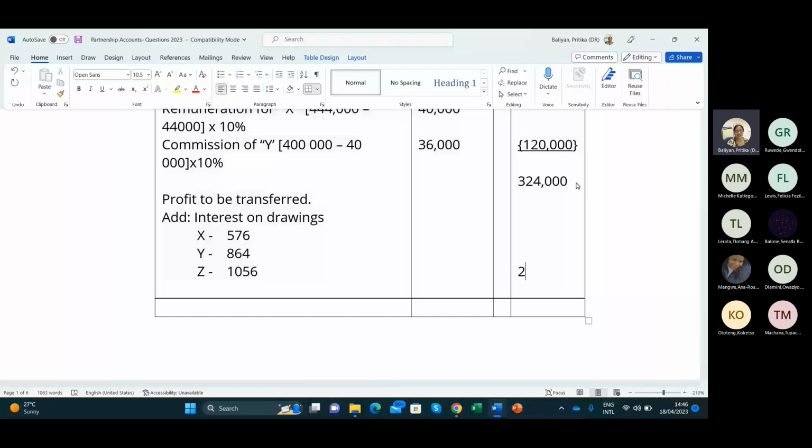We add that, and then this profit has to be shared among the partners.